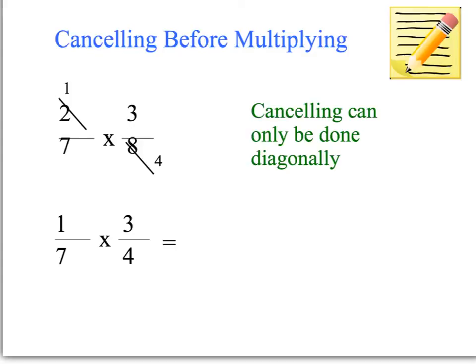So in this example, the 2 and the 8 obviously are both even numbers, and you can divide them by 2. So 2 into 2 is 1, and then 8 divided by 2 will be 4. So that's the lowest you can take them down. So therefore the new sum would be 1/7 times 3/4. So then you can go ahead and multiply them together. 1 times 3 is 3, 7 4s are 28. And that's your answer.